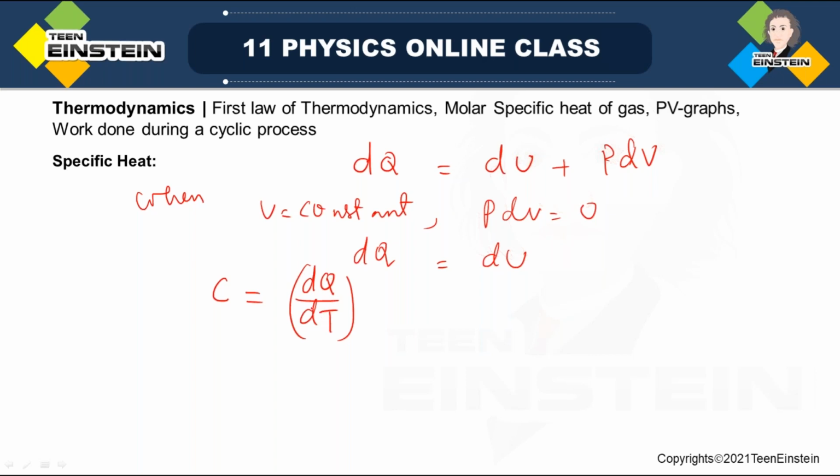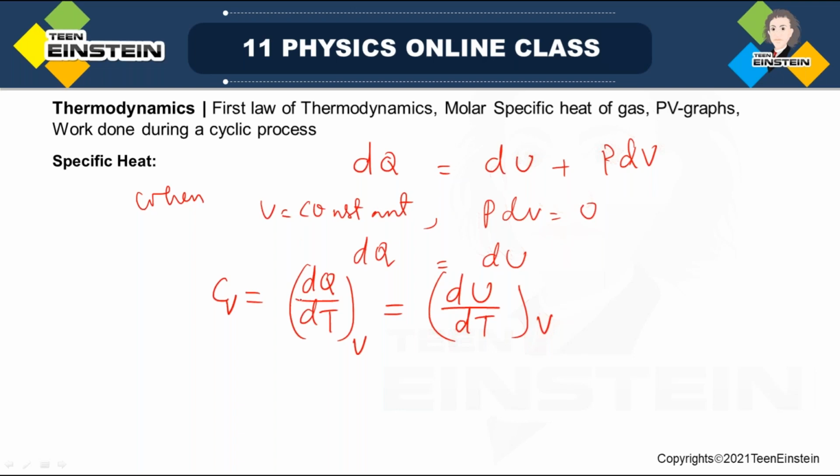So this dq by dt at constant volume I can write as Cv. So we can write du by dt at constant volume. This is the specific heat at constant volume.